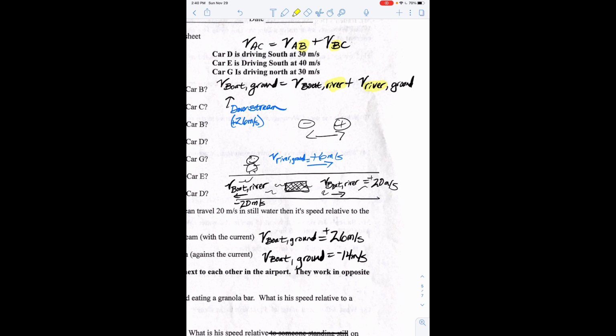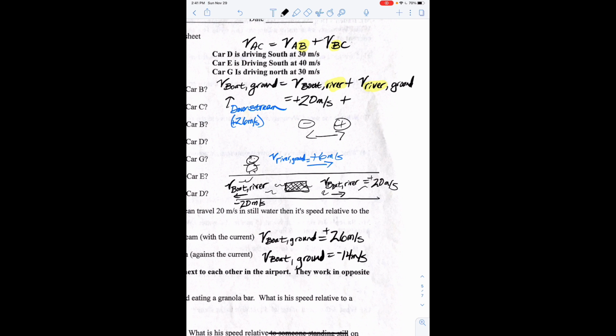So what is the velocity of the boat relative to the river? Well, the boat relative to the river is what it does normally when the river just isn't doing anything, and it's just going to be its normal speed of 20 meters per second. All right, but since the boat is pointed to the right, we're going to call this a positive 20. And we're going to add that to the velocity of the river relative to the ground.